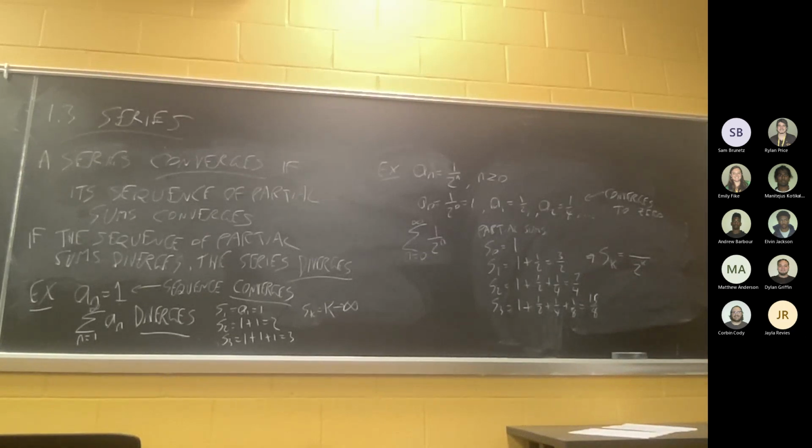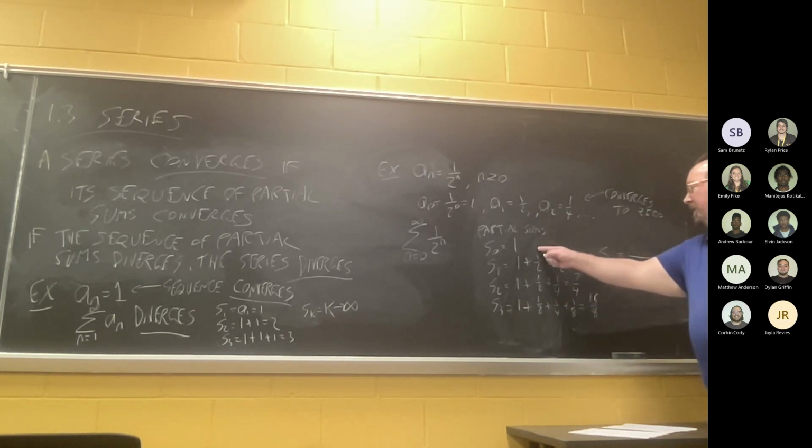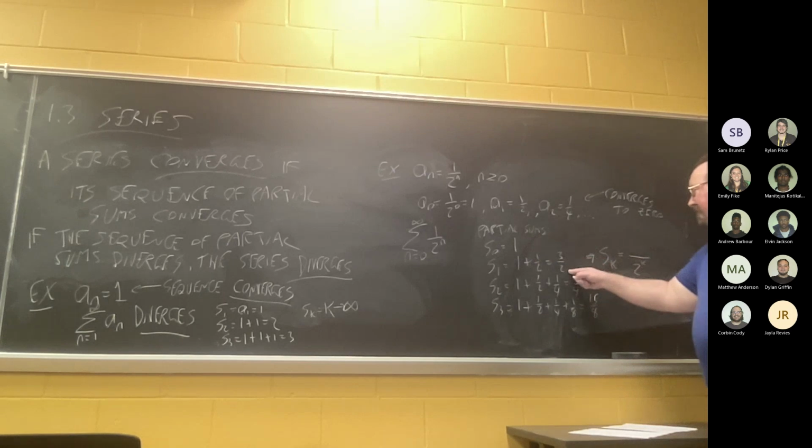Now look at the numerators. It's 1, 3, 7, 15. Is that an arithmetic progression like 2k plus 1? Notice the differences between them: from one we add 2, then we add 4, then we add 8.